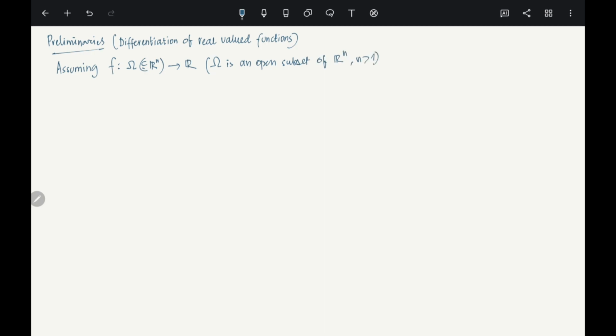We are assuming that the functions in this video, whenever I am not specifying anything, are from Rn to Rm, where both n and m are natural numbers. So f is a function from Rn to Rm.